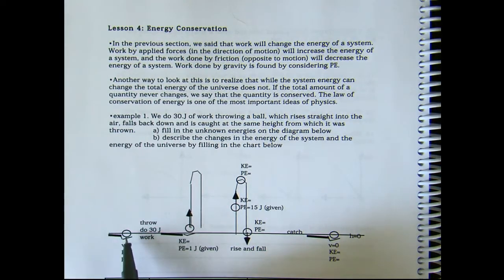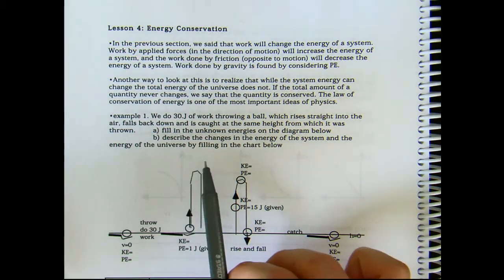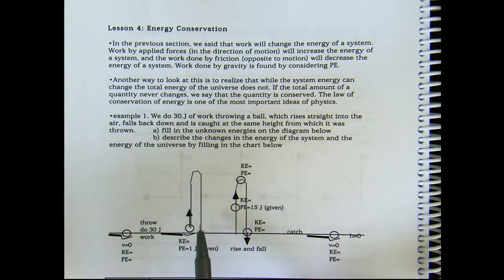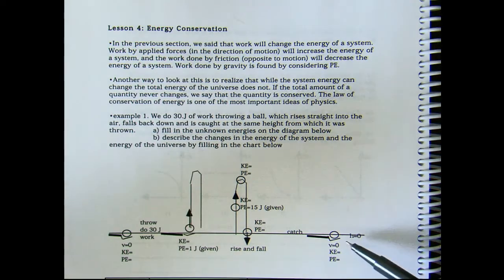It's not moving. There is no potential energy here if we call this level 0. But then we've brought in some work from the outside. The ball does some work, it flies up, lands back down, and again, at the end, the energy is 0.